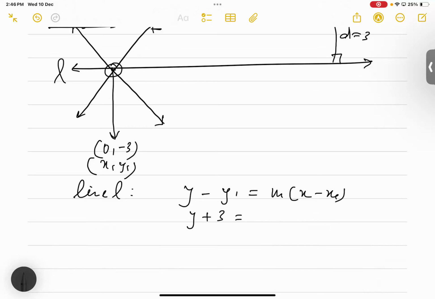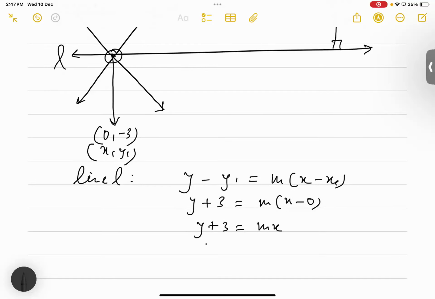So y plus 3 is equal to m times x minus 0, so y plus 3 is equal to mx. So 0 is equal to mx minus y minus 3.